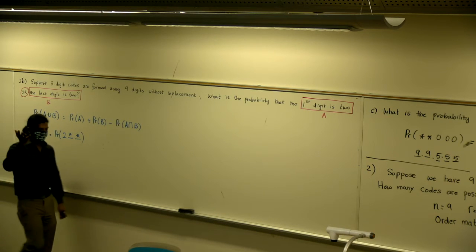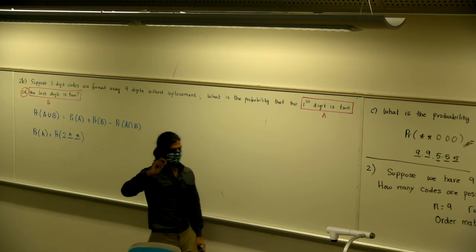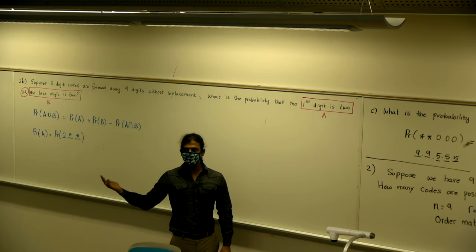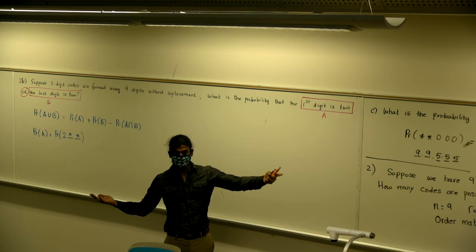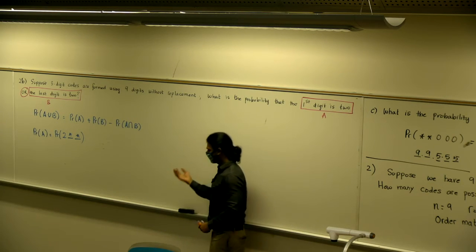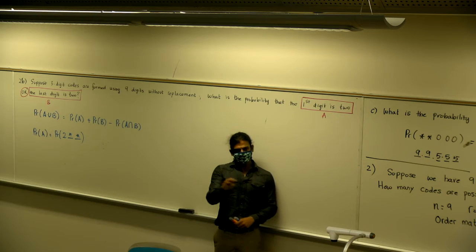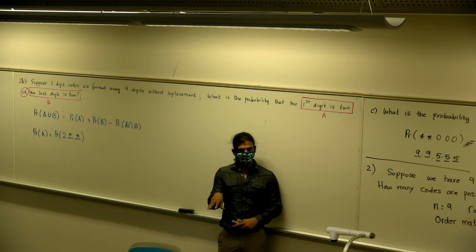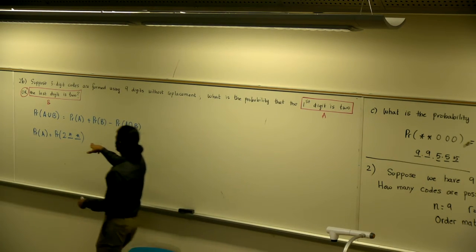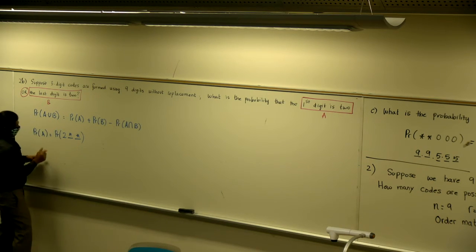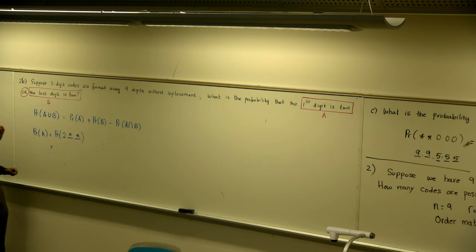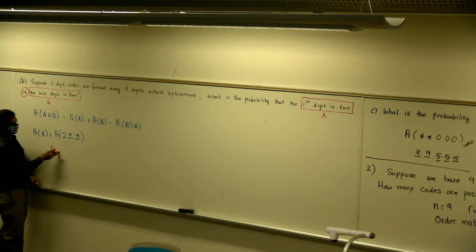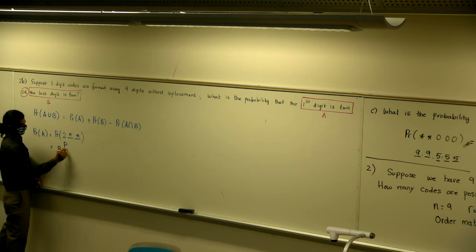So I started with 9 digits. Out of those 9, I took care of 2. How many am I left with? Because this is without replacement. 8. And I want to take those 8 digits and put them in 2 slots. Agreed? Yes. Those are the 2 slots. So one way of picking 2, because the first digit is fixed to be 2, and how many ways do we have? 8 permute 2.